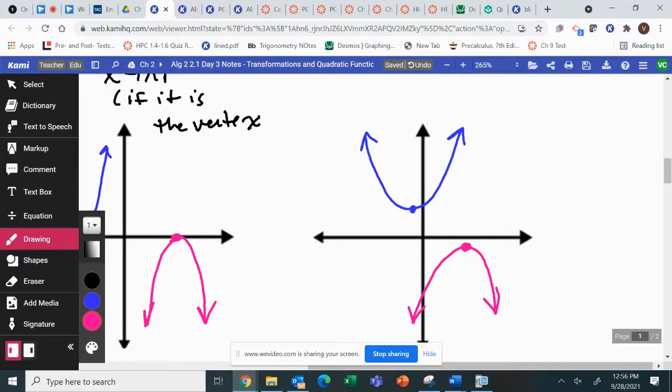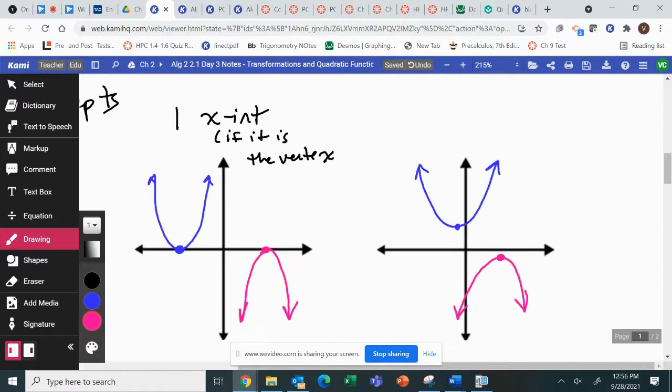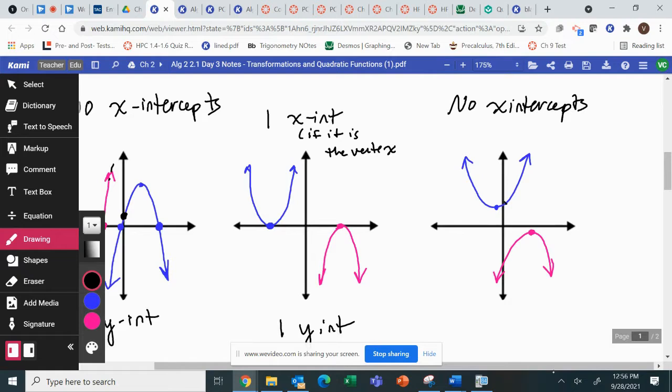Or a pink one, the vertex is below the x-axis and it opens down. How many x-intercepts will we have? 0. So we could have no x-intercepts. That's another scenario. But how many y-intercepts? 1.